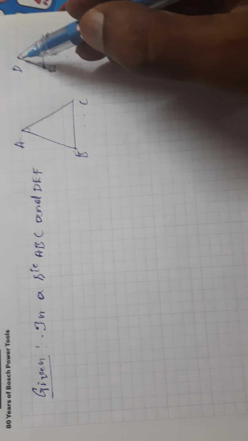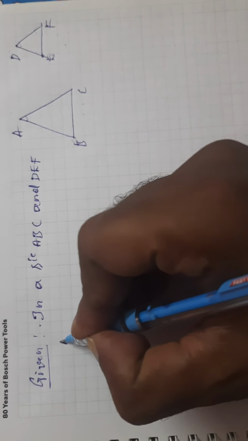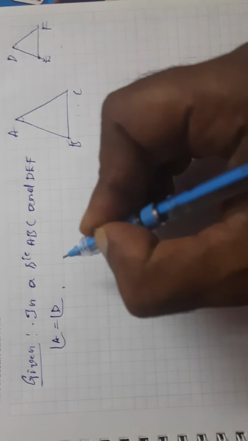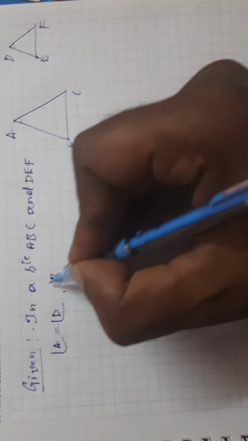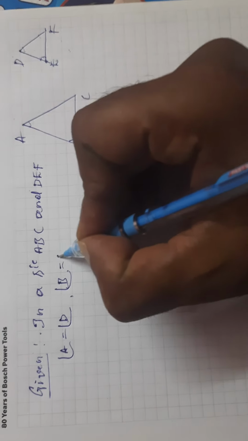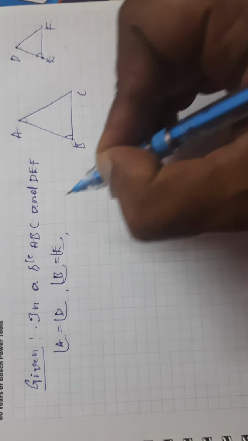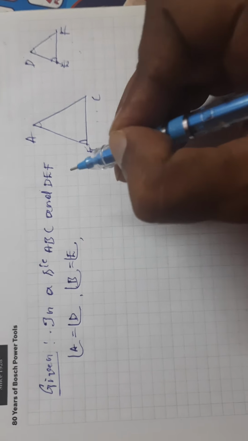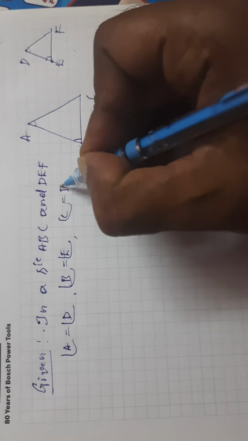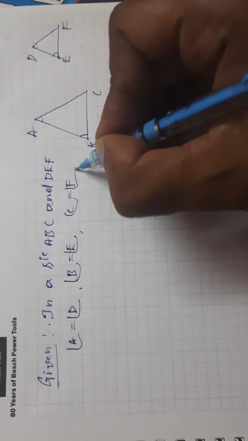That is, angle A is equal to angle D, and angle B is equal to angle E, and angle C is equal to angle F. This is the given data.